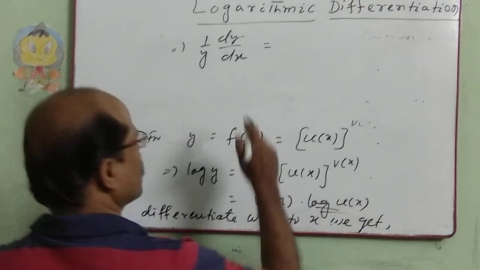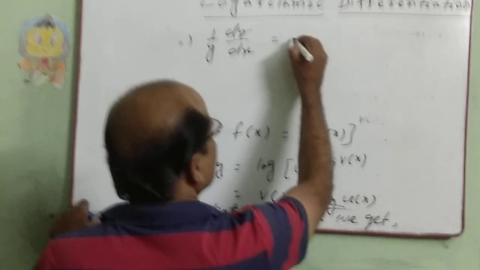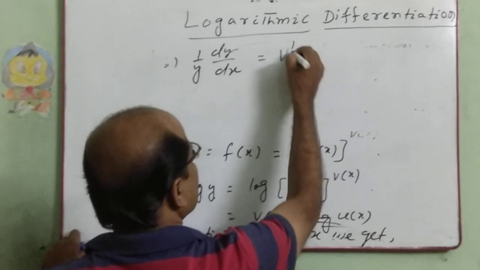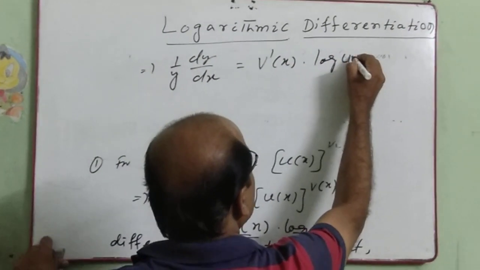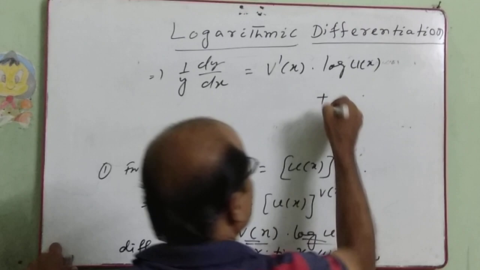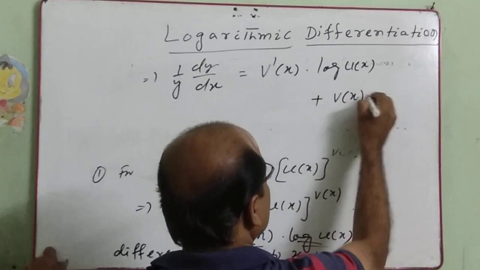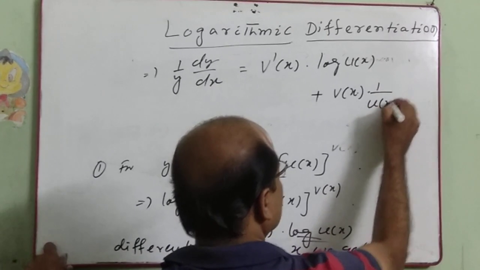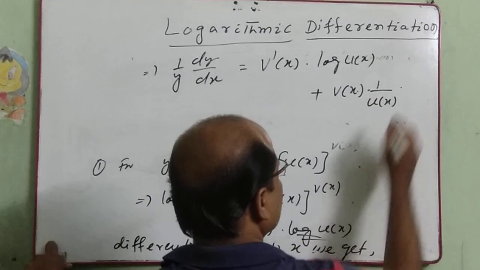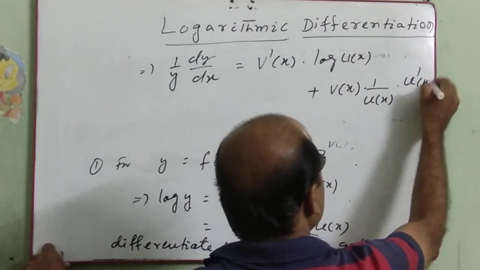So by using product rule, you may write v dash x into log u of x plus v of x into derivative of log u of x, which is 1 by u of x multiply u dash x.